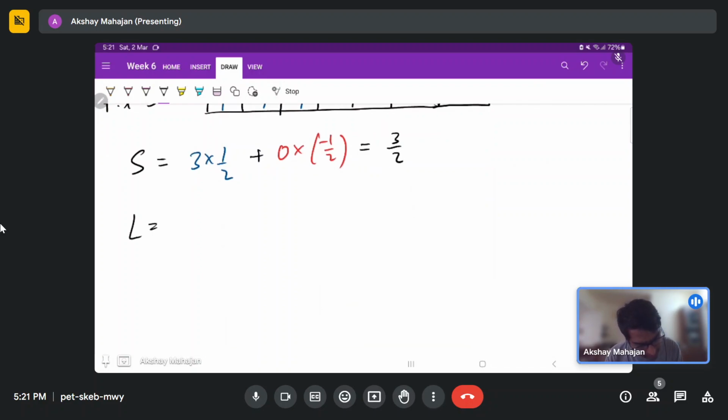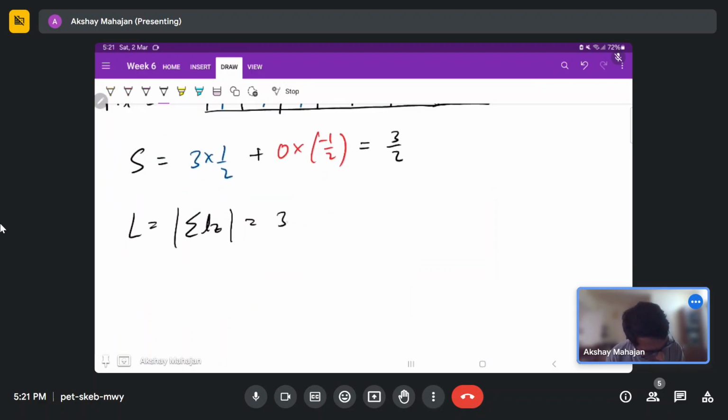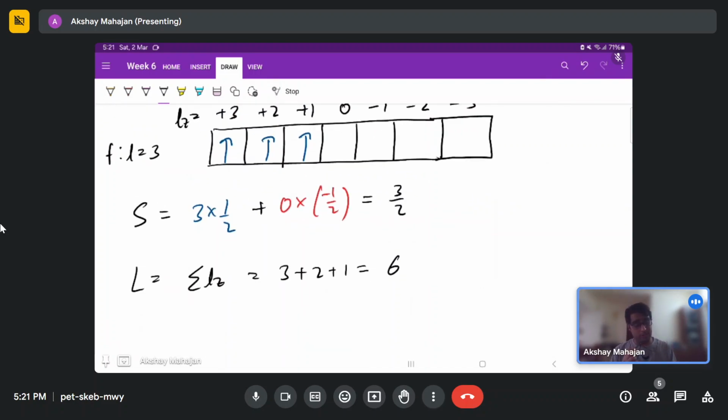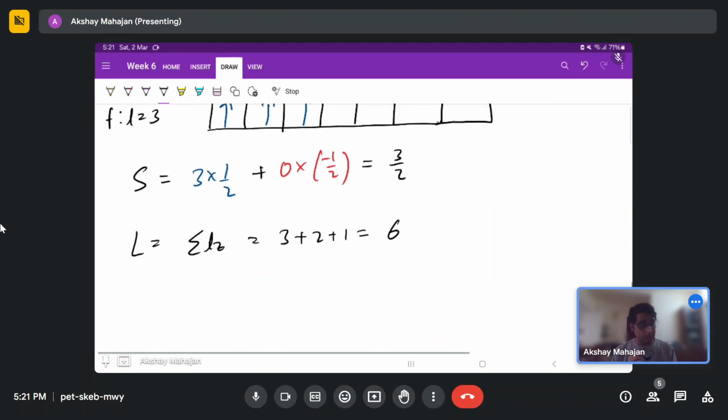Then the L value is just the summation over Lz, so that will be 3 plus 2 plus 1, which equals 6. I am putting a mod here, but since we are filling according to Hund's rule, this L value is always non-negative, so no need to put the mod here.